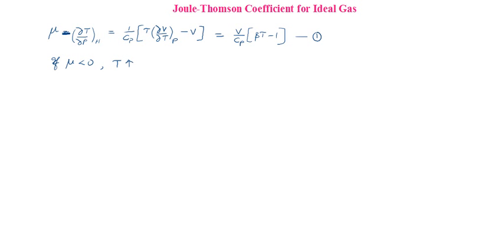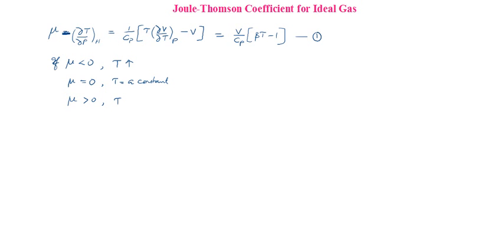Now, if mu is equal to 0 for any gaseous specimen, then T will not change. T will remain a constant. There is no change in the temperature. And the third case is that if mu is greater than 0, meaning the value of mu is positive, then the temperature of the gas will get reduced during a throttling process.